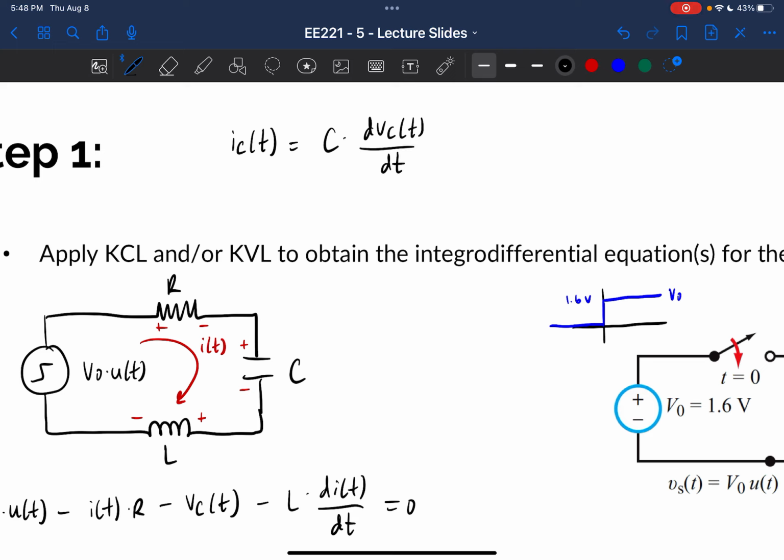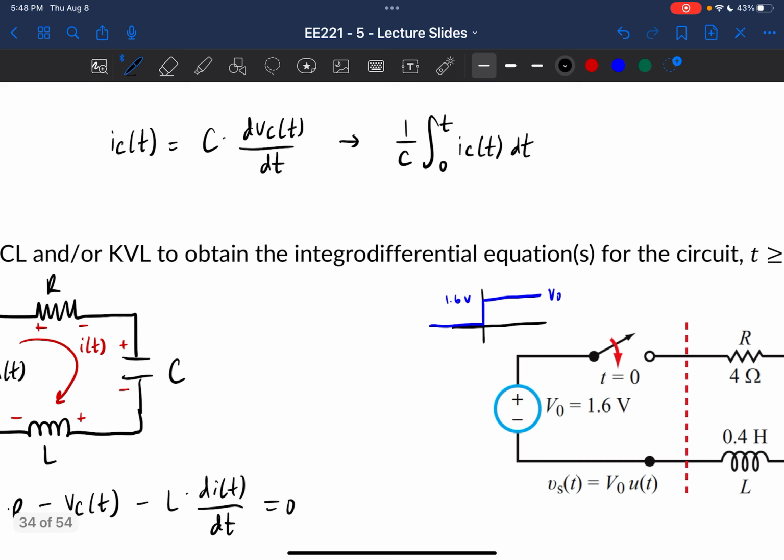And so all we have to do here is divide both sides by C, multiply both sides by dt, and we get 1 over C times the integral from 0 to t of Ic of t dt. And then of course, because this is an indefinite integral, we need to add a plus c here, like our constant of integration, but in this case it's just going to be the initial condition on the capacitor voltage, okay? And so this is going to be equal to Vc of t.